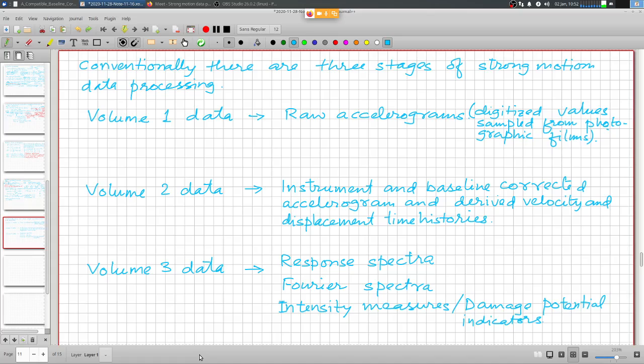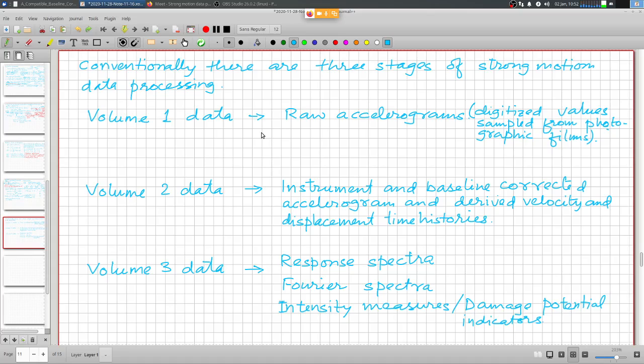At the moment, what we are doing at NHPC is we are stopping at volume 1 data, partially. Even that volume 1 data is not completely available because we have not really identified the beginning of the event correctly and the ending of the event.